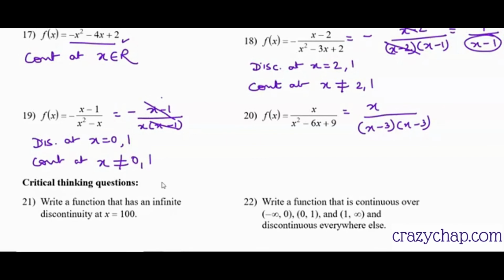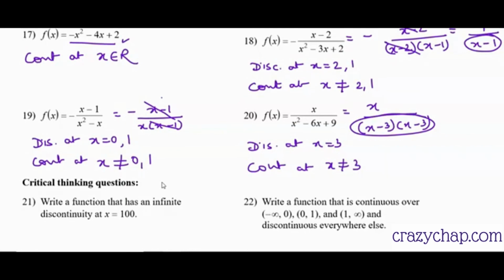Yes, there is an infinite discontinuity when the denominator becomes 0, right? So we'll just say discontinuity at x equal to 3. So where is it continuous? We'll just say continuous at x not equal to 3, meaning all other values except 3 the function is continuous.